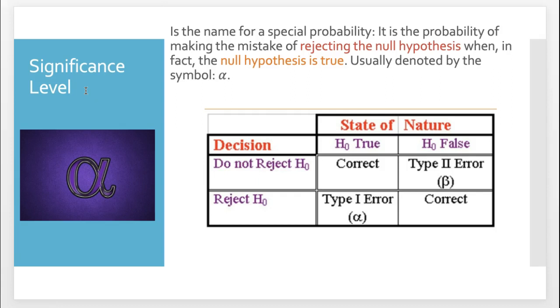Just like confidence intervals, 90, 95, 99 represent capture rates, and those tell you how likely it is that we have a good interval. But here, the significance level is a name for a special probability. It is the probability of making a mistake, of rejecting the null hypothesis when in fact the null hypothesis is true, usually denoted by the symbol alpha.